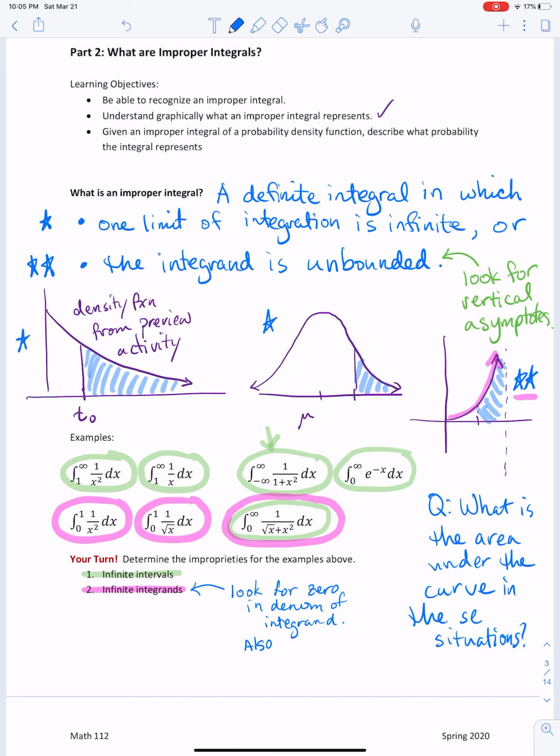Another case where you might have these asymptotes, consider examples like natural logarithm, tangent, etc.